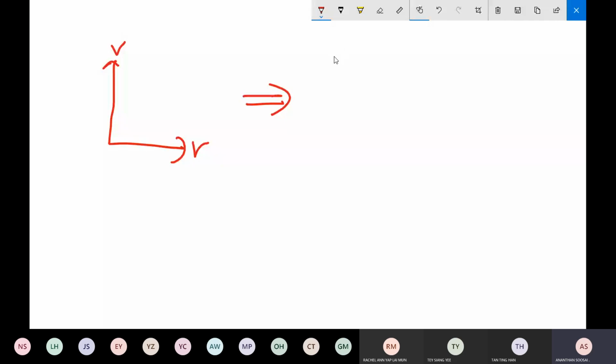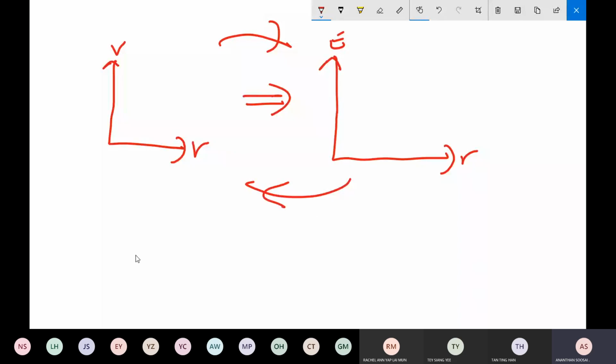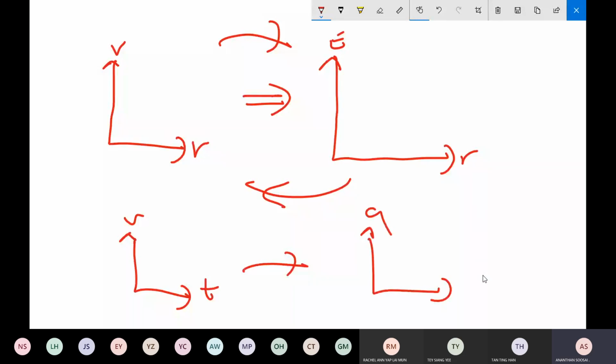They will ask you to sketch E versus R. Like last time, a VT graph is given and they ask you to draw the AT graph. Same idea, but the quantity now is potential with electric field strength.